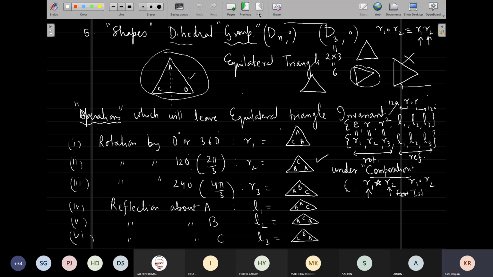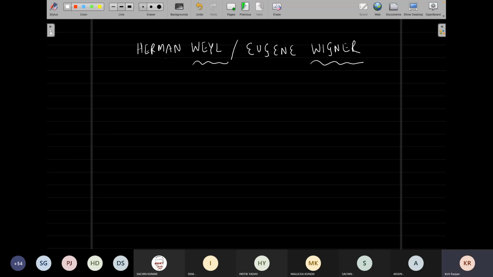Two physicists who played a pioneering role in applying group theory in physics were Weyl and Wigner. Now you may or may not have heard the names of Weyl and Wigner, but in the 1920s onwards, this group theory starts becoming important because it played a very important role in nuclear and particle physics.